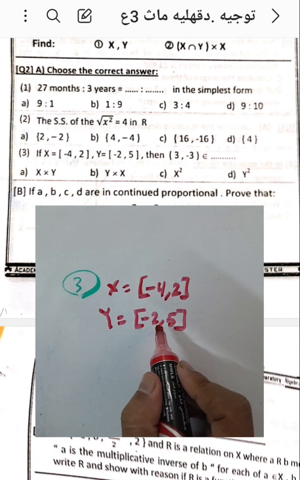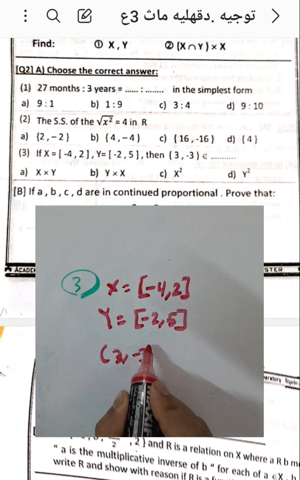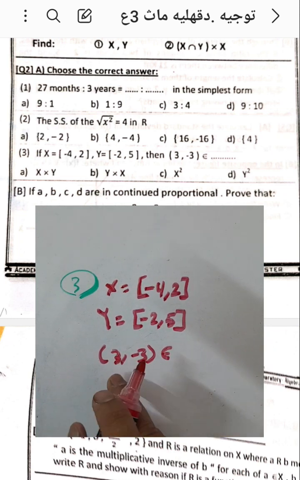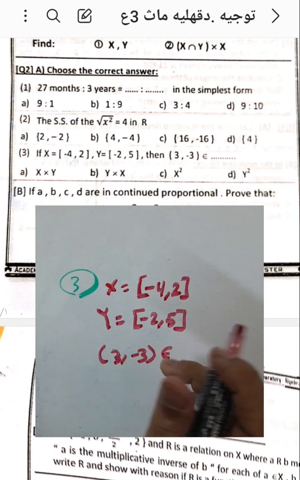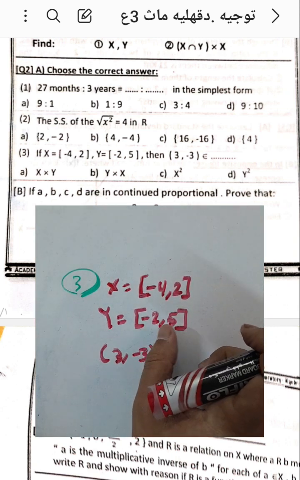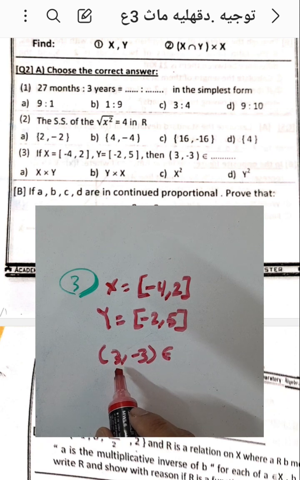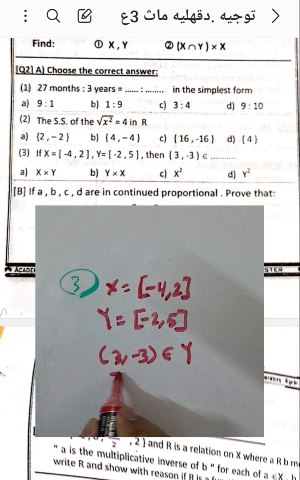And he asked about the ordered pair 3 and negative 3, what does it belong to? We know 3 lies where? Between negative 4 and 2? No. 3 lies between negative 2 and 5. Then for the first component we can write y, because 3 belongs to the set of y.